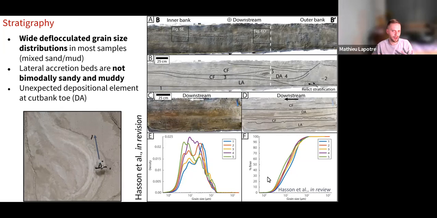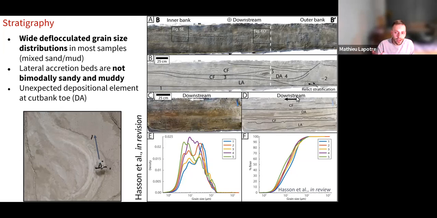Again, I don't really have time to discuss these in great detail, but I'd like to highlight a few depositional features that really caught our eyes. As expected, we found low angle lateral accretion sets, which are marked with LA here in the annotated trench, and an asymmetric channel profile. What was more surprising, though, was this outer bank depositional element that is labeled DA here, that is abutting the cut bank, the outer bank of the paleo channel.